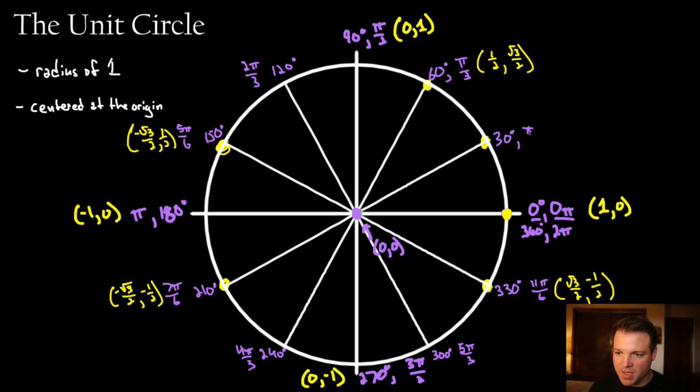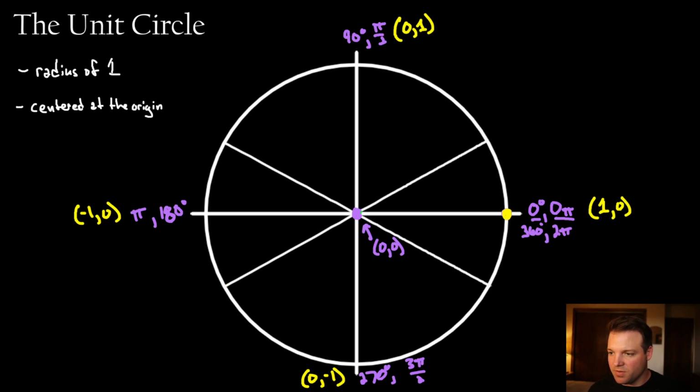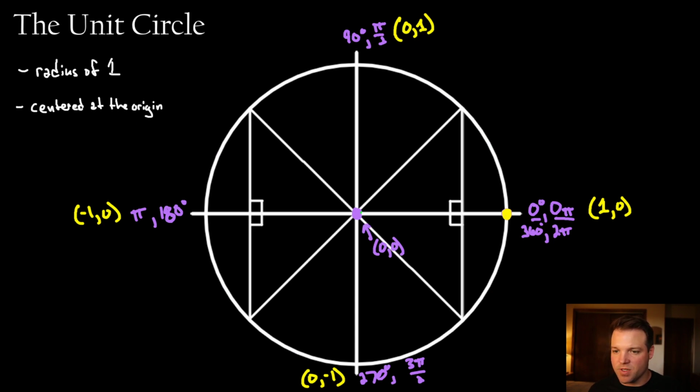And that is at pi over 6. And the x and y coordinates of that are root 3 over 2, comma 1/2. Okay, and now I can turn that back off. Sorry about that. And so now we're going to take care of our 45 degree angles.